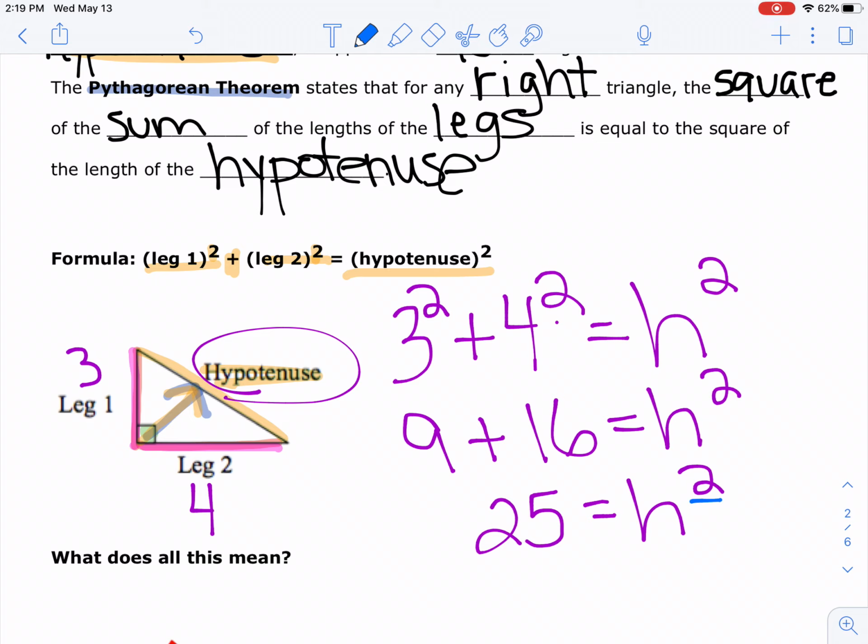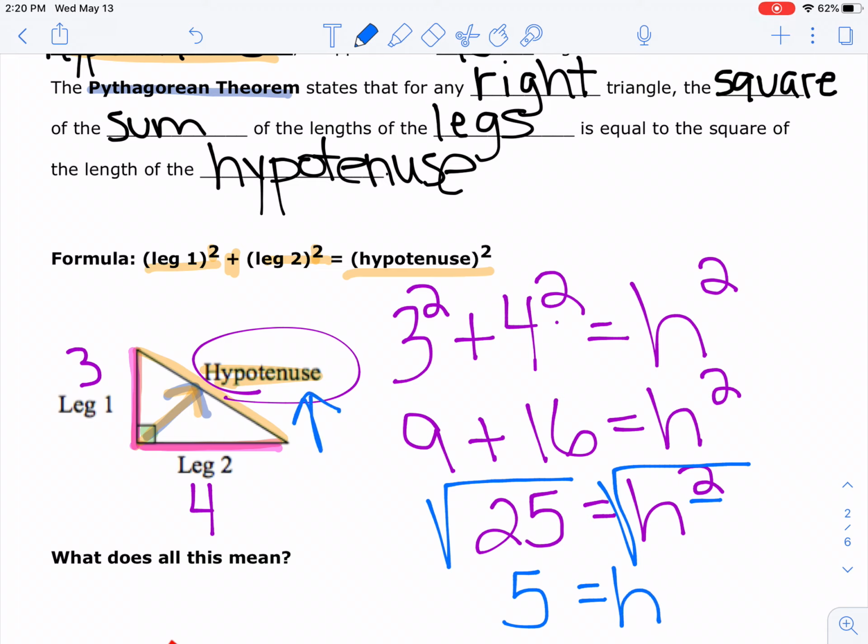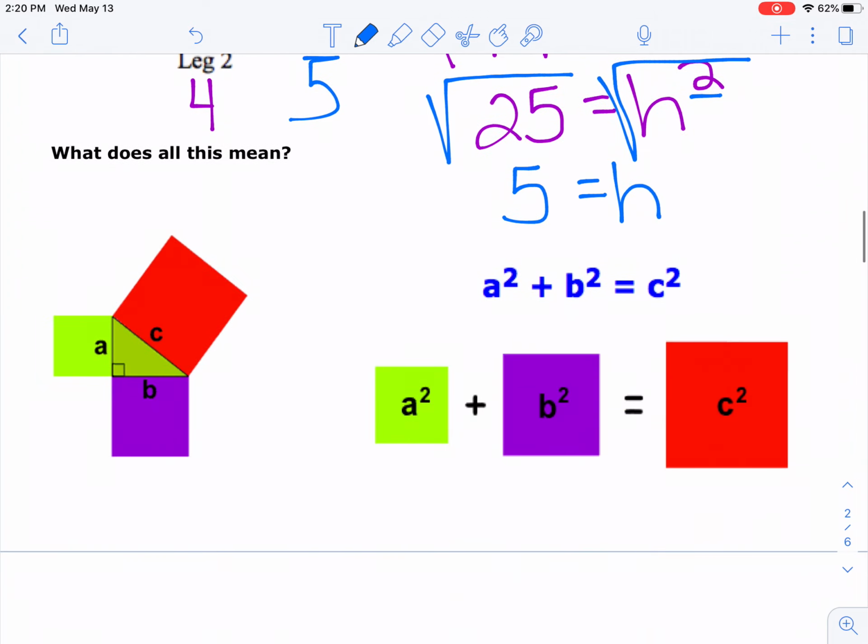The opposite or inverse operation is the square root. Okay? So the square root of 25 is 5. The square root of the hypotenuse squared is the hypotenuse. So in this case, this means that the hypotenuse would be 5. Okay?